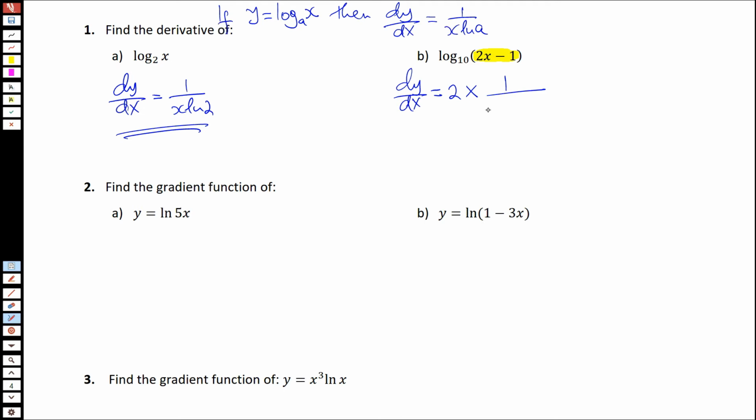This is our x, so 2x minus 1 multiplied by ln of the base, and the base is 10, so ln 10. So our solution can be written as 2 over 2x minus 1 ln 10.